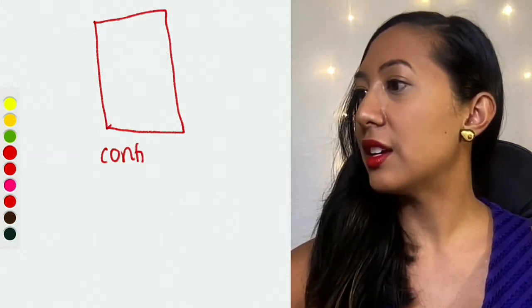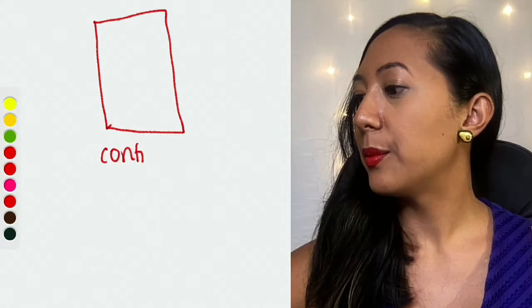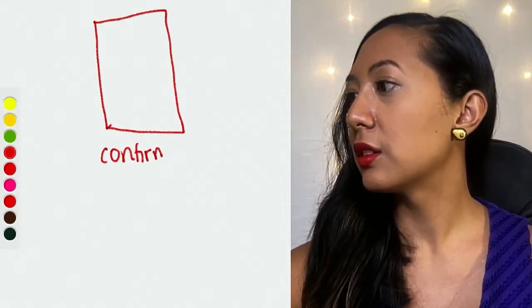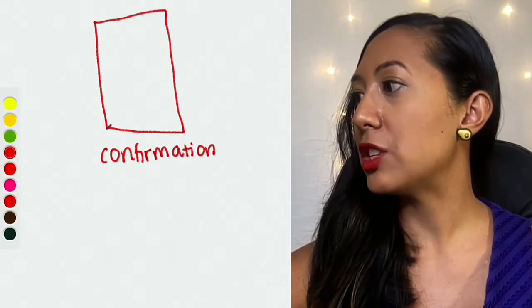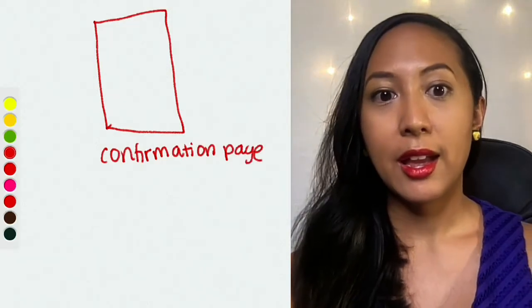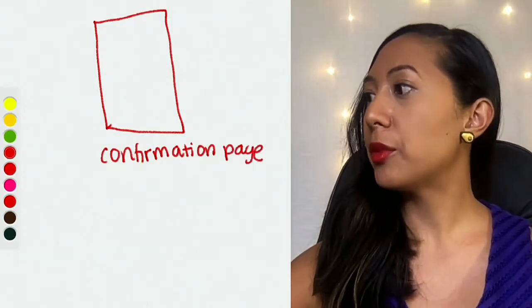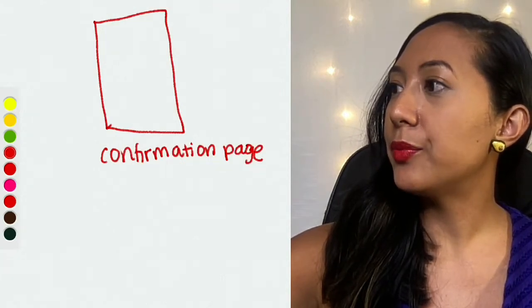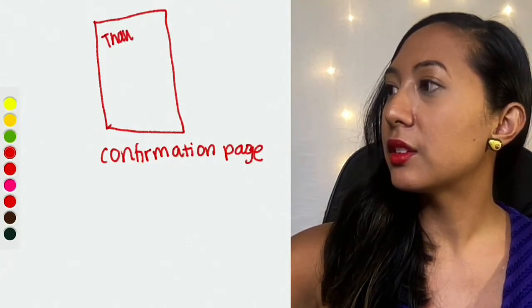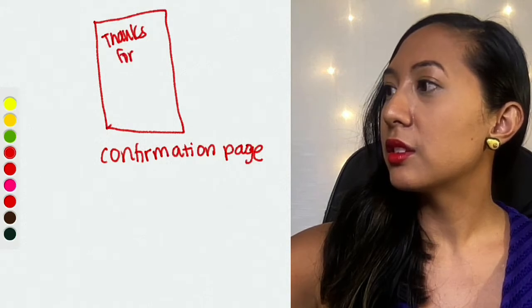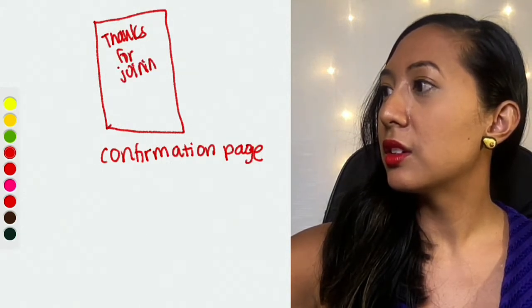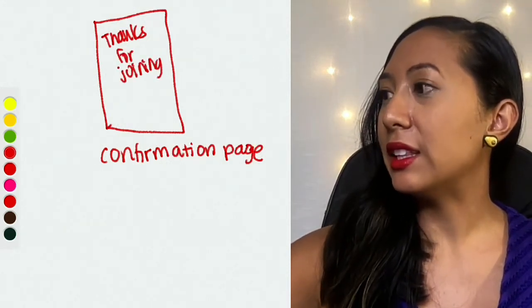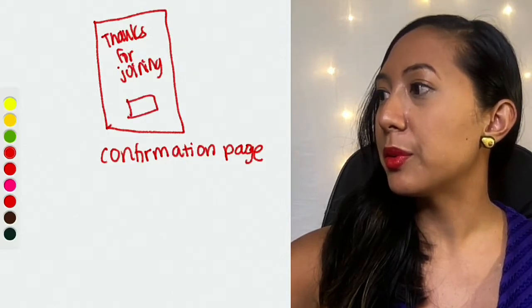All right. So we now have our confirmation page, and on our confirmation page, we're going to have a thank you, and then we're going to have a link to a Facebook group.